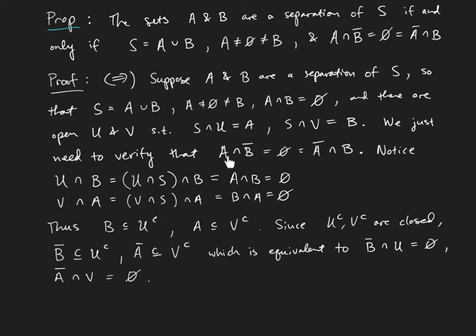And remember, what we want to conclude is that actually the closure of, say, B is disjoint from the set A, but A lies inside of U, right?